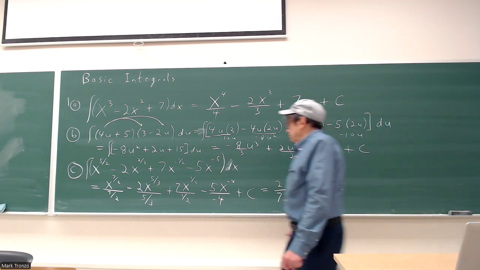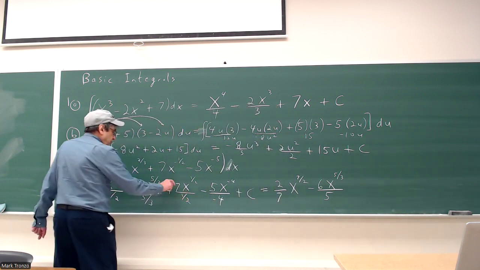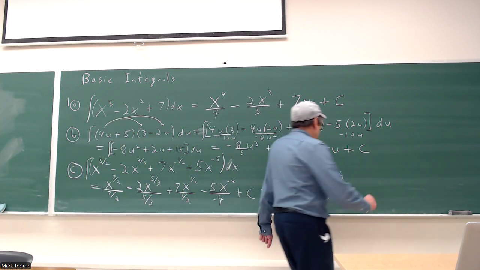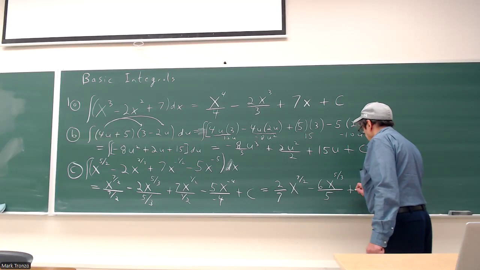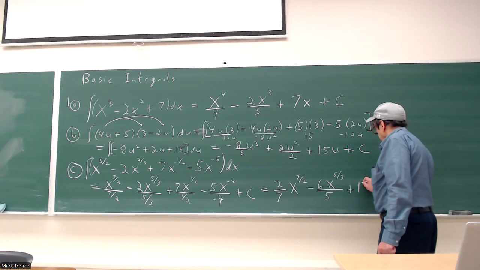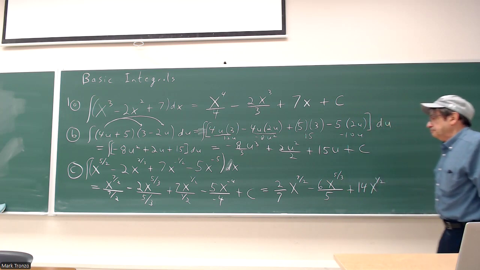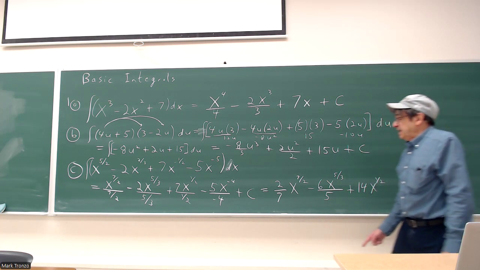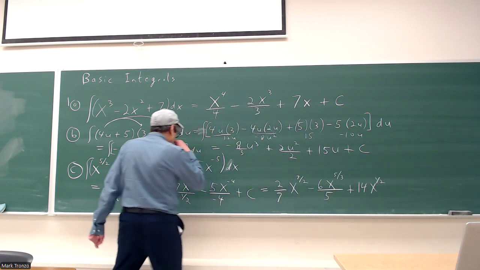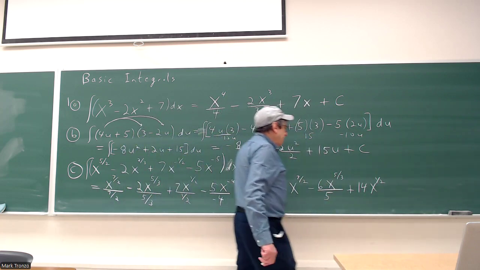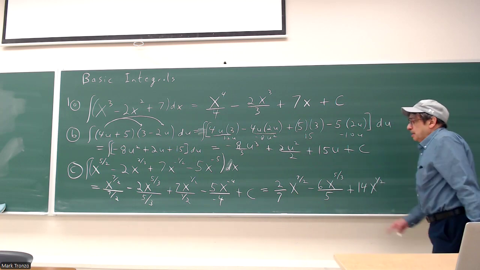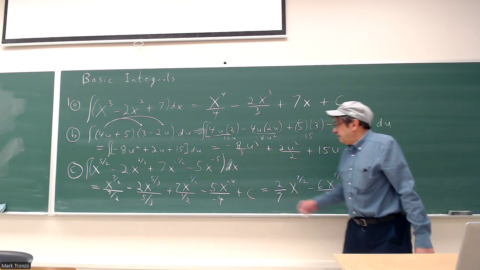Bring this 2 up. Cancel these negatives here. And now one thing we also probably want to do is bring this in the denominator.